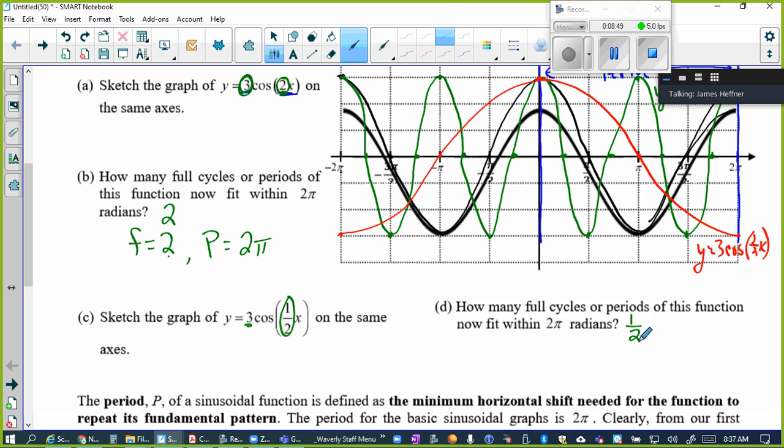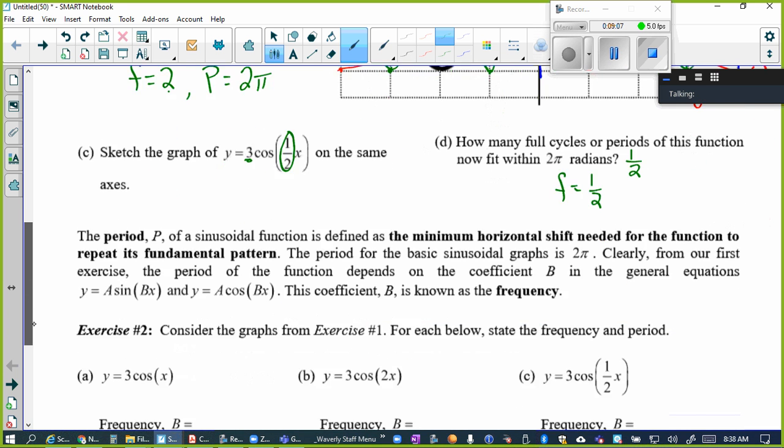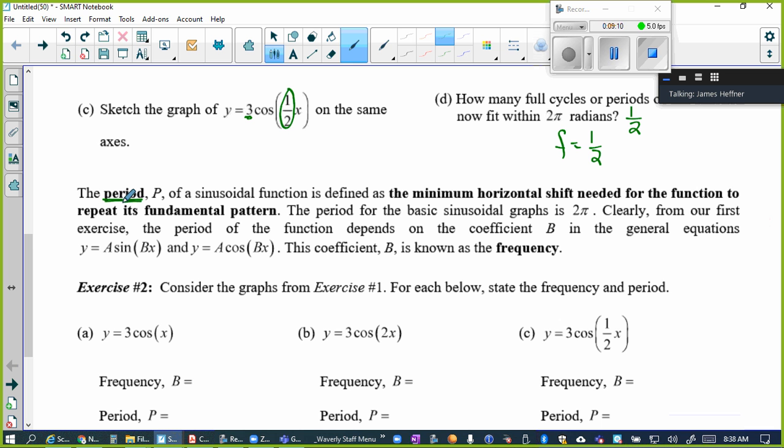But what's the frequency? Frequency is 1/2. Right, frequency is 1/2. Okay. With me on that? And what's the amplitude, by the way? Amplitude is 3. Still 3, right? That's like the volume. Okay. So we're talking about the period, right?